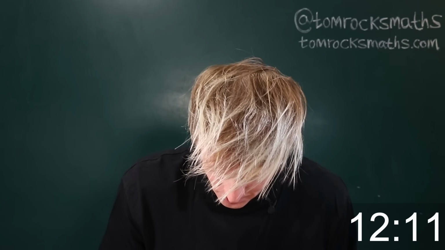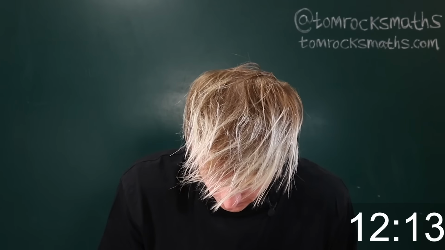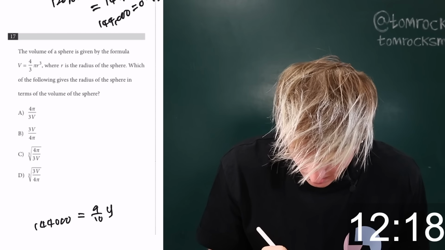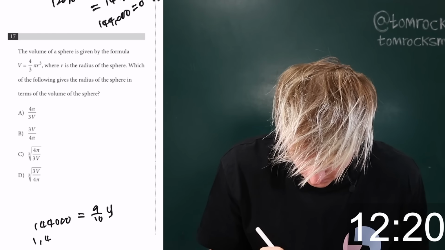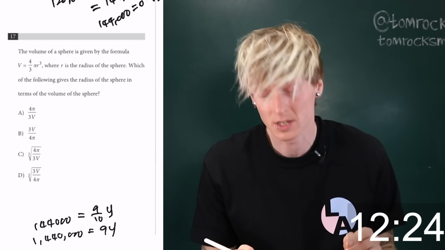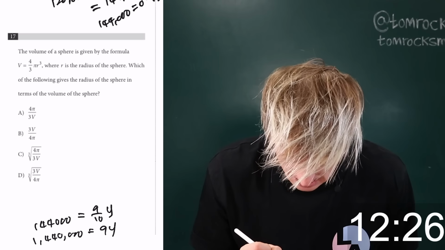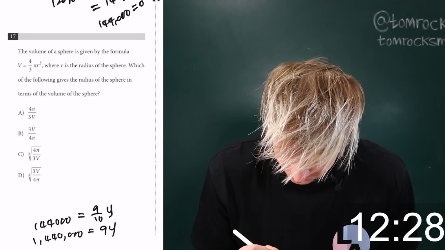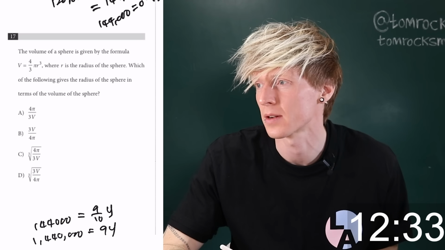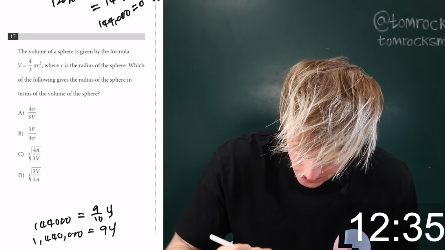So what do we know? We know 144,000 is 9/10 of Y. So that means 1,440,000 is 9Y. So I need to do 1,440,000 divided by 9. Annoying. If I did 144 over 9, how many 9s go into that?